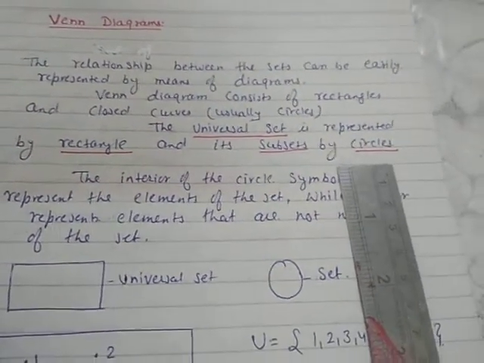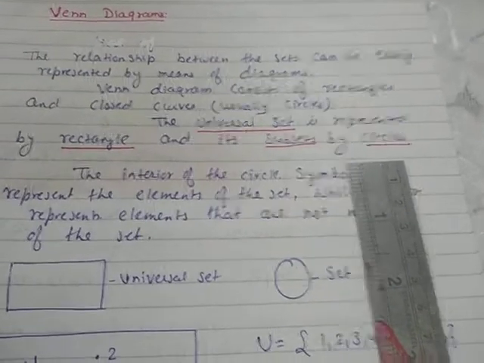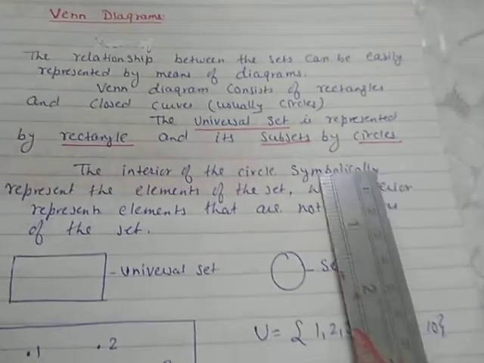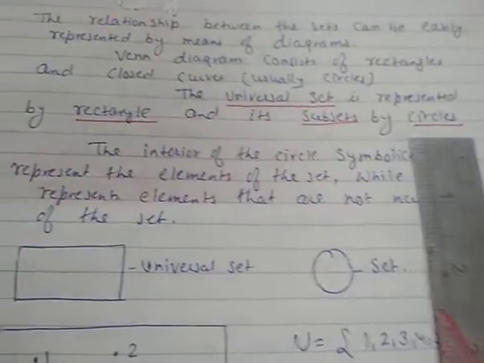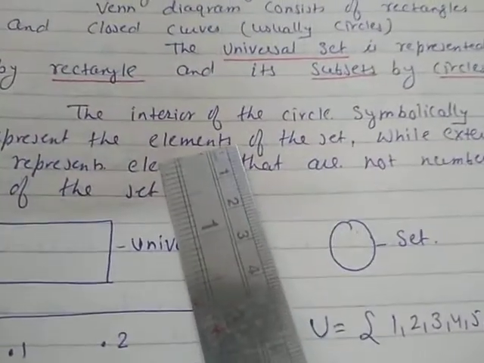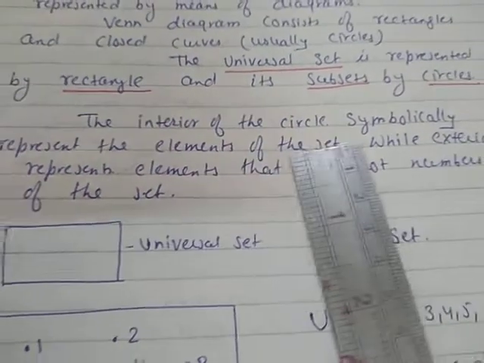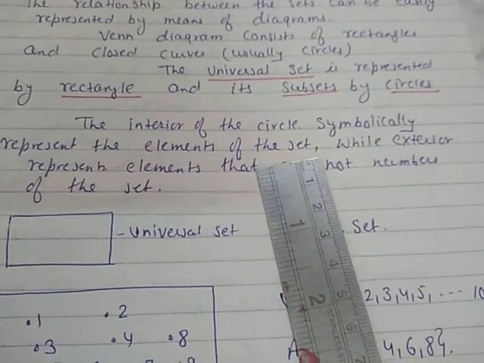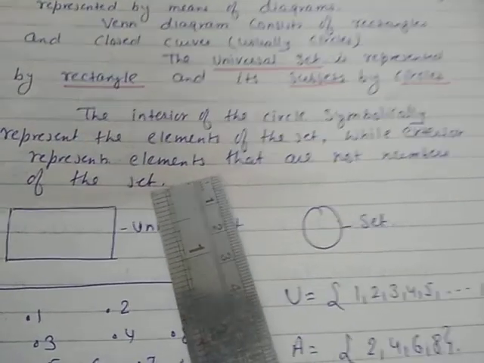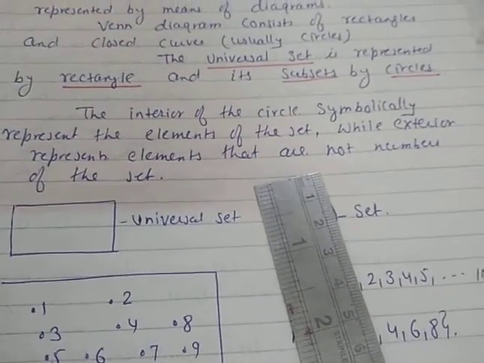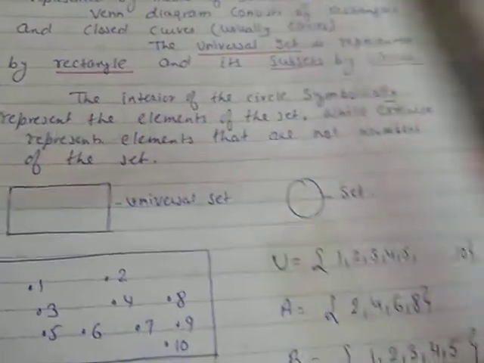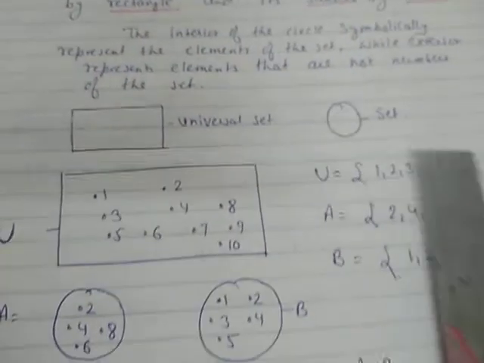If U is the universal set, then A is a subset of U, and A is represented by a circle. The interior of the circle represents the elements of the set, while the exterior represents the elements that are not members of the set. Now let me explain with an example.